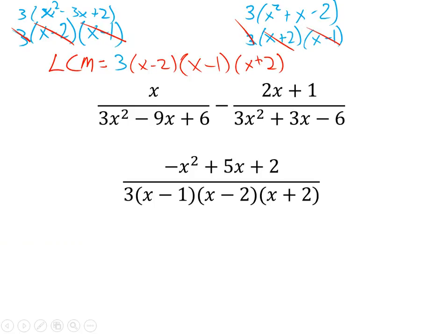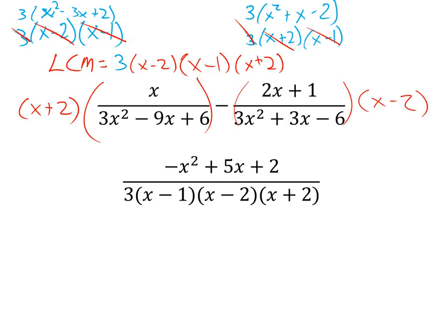As you see, it's a lot. And then what we would do is multiply this first part by what's missing. The part that's missing in this first part looks like it's going to be x plus 2. And the second part, we're going to multiply by what's missing, which is x minus 2.